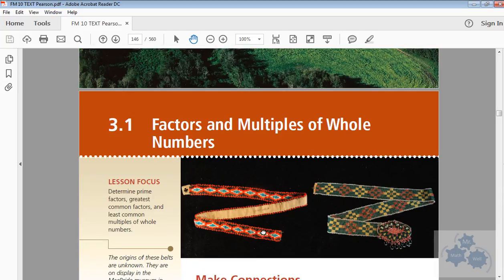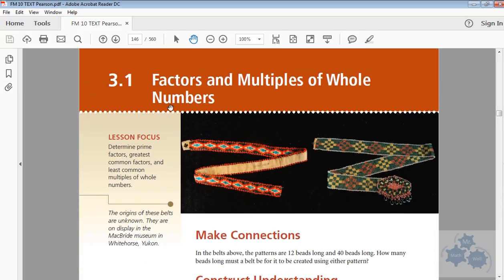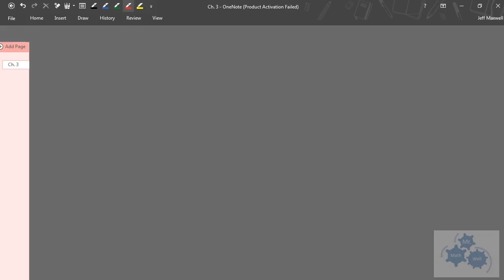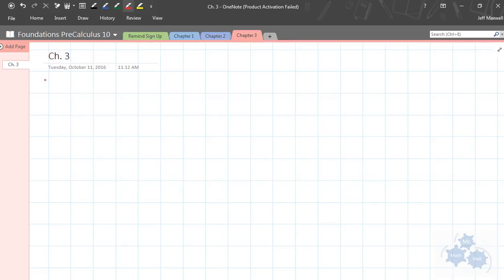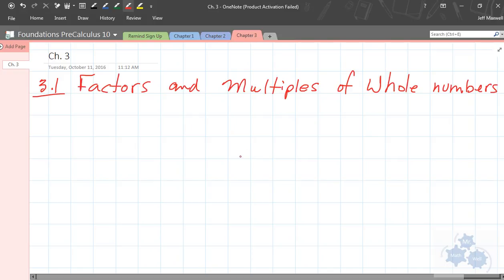All right. So 3.1 talks about factors and multiples of whole numbers. So in your notebook there, 3.1 is factors and multiples of whole numbers. All right, so we talked a little bit about factors and products here.